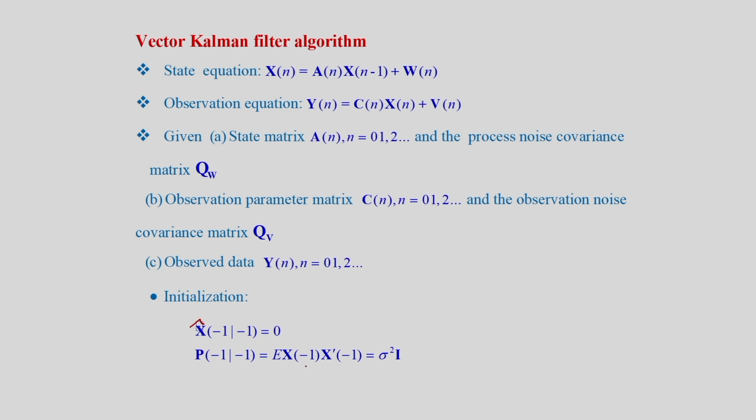If we know the statistical model, we can use that, and here we can write it as sigma square into I. This is the estimator, and if we take this type of initialization sigma square into I, where I is an identity matrix, then the Kalman equations converge. So, that way this sigma square is a positive number which can be based on the estimation of this quantity, or we can assume some value.